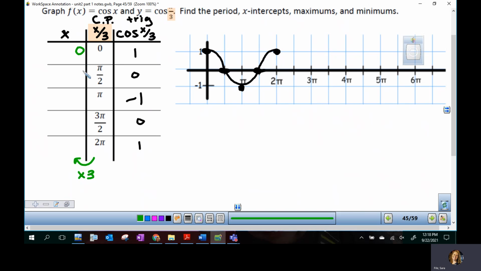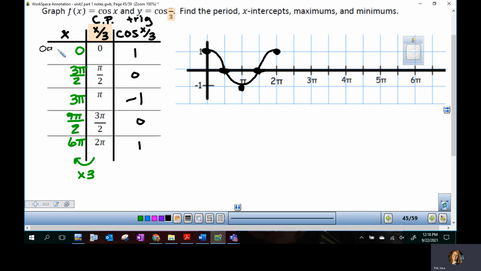I get 0, 3 pi halves, 3 pi, 9 pi halves, and 6 pi. If I want to get that common denominator to check the distribution of those, I would change all these to halves.